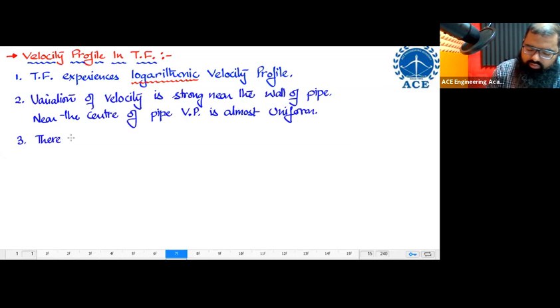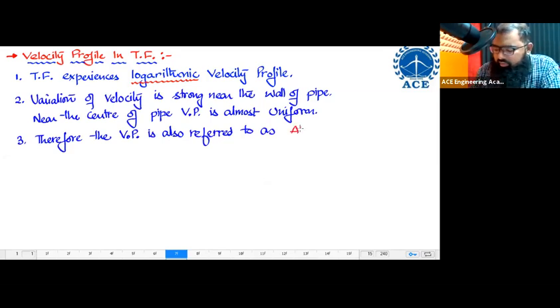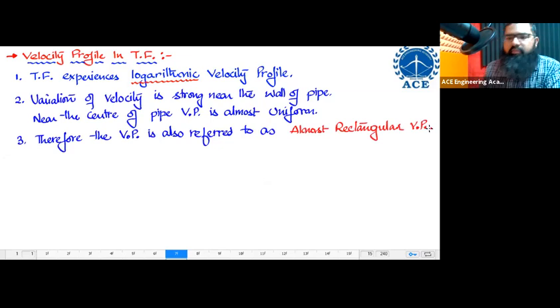Therefore, the velocity profile is also referred to as almost rectangular velocity profile.